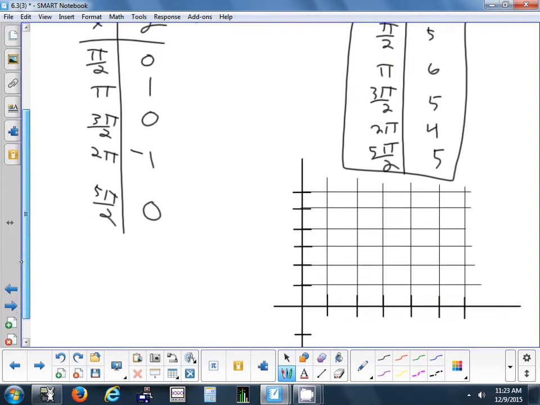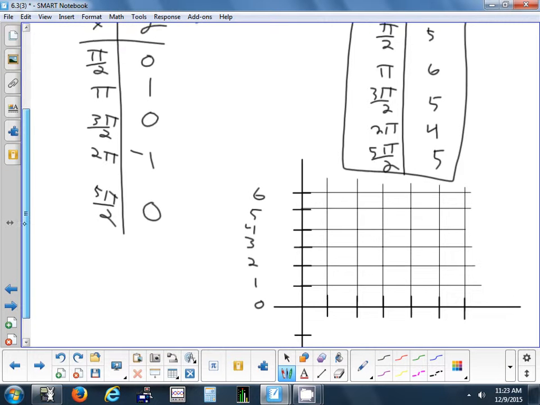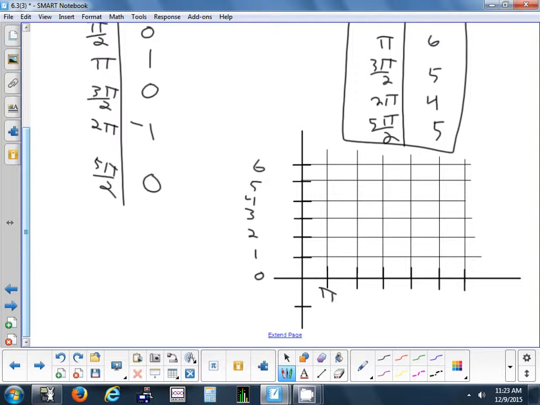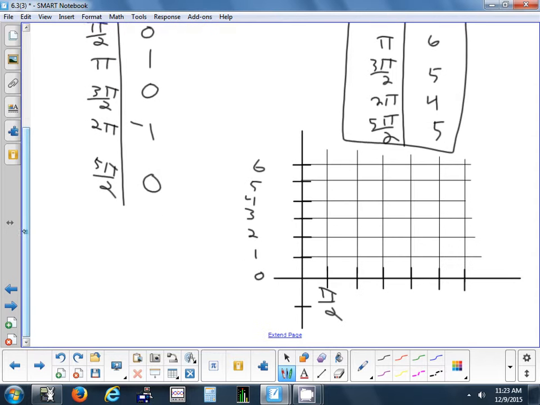Okay, so make our sketch. Let's see, we got to go up to 6. Okay, so that'll work. And we're going to start at pi over 2. All right, now I got to just check to make sure my spacing is consistent. If I put pi right after it, does that keep the spacing consistent? Yeah, that's fine.